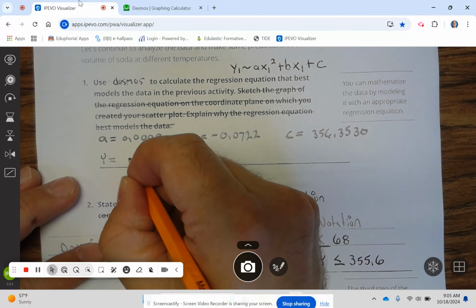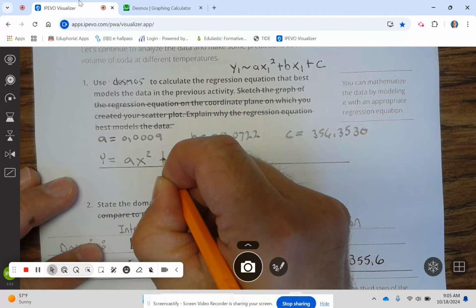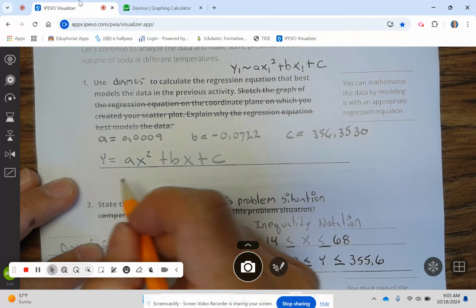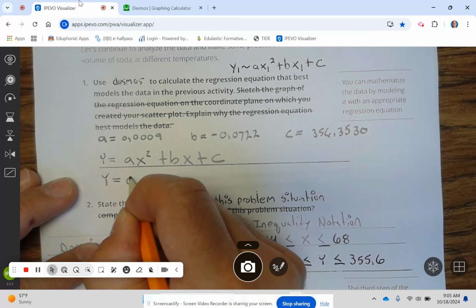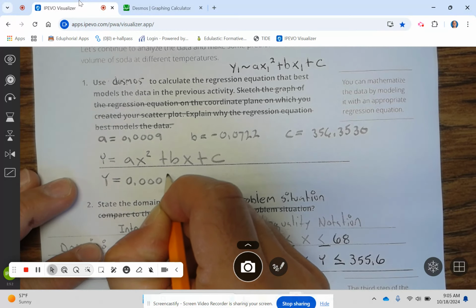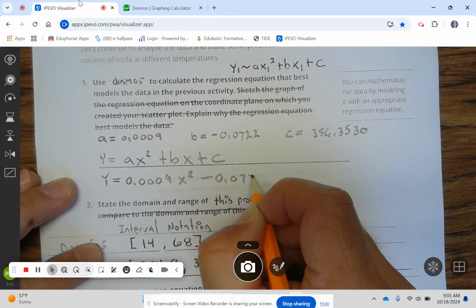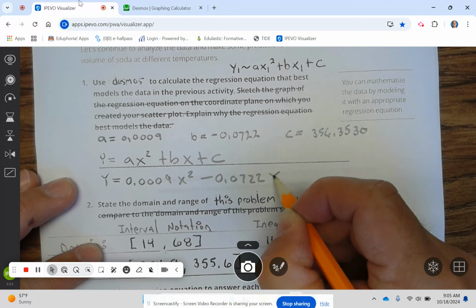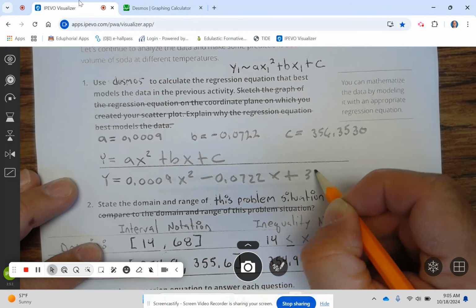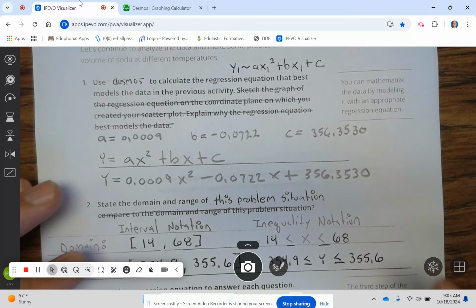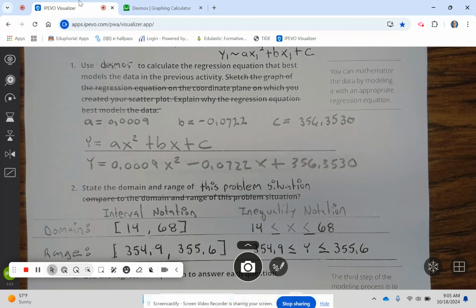Okay, so the equation is y equals ax squared plus bx plus c. So using our a, b, and c values, that's y equals 0.0009x squared minus 0.0722x plus 356.3530. All right, go ahead and finish up number 1.